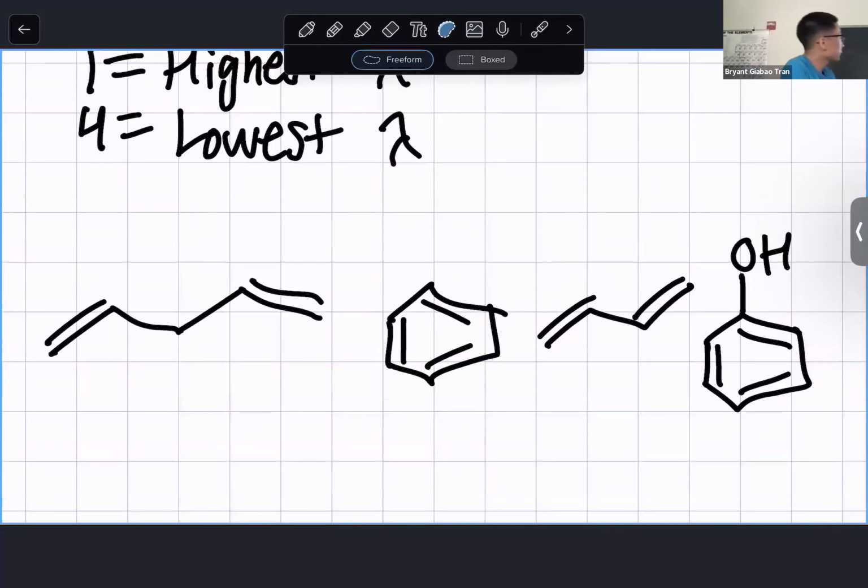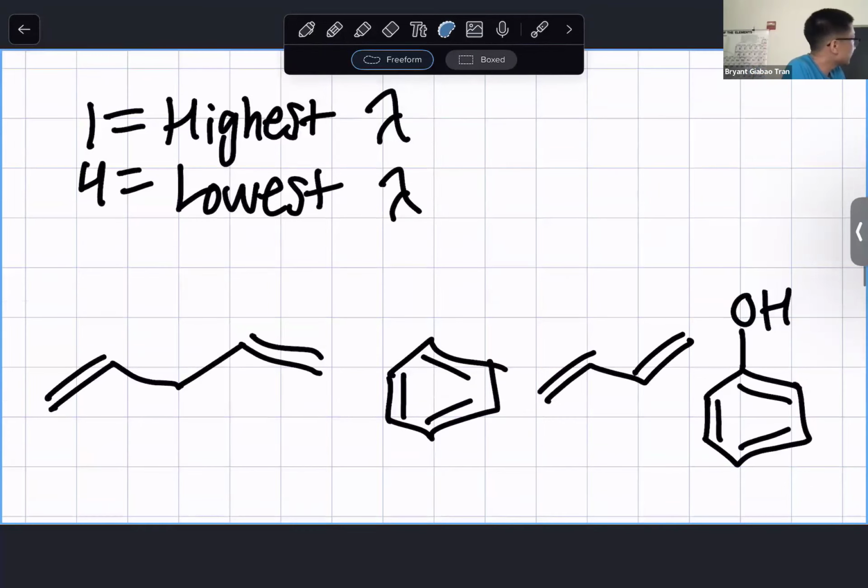So rank these four molecules in order of increasing wavelength. One is going to have the highest wavelength, four is going to have the lowest wavelength in the UV vis.